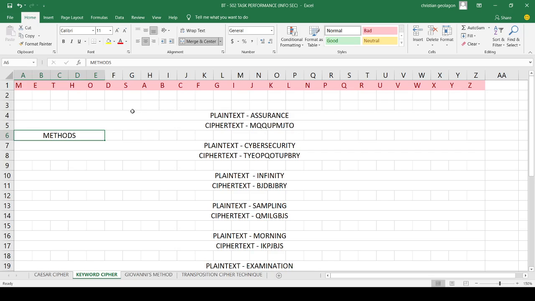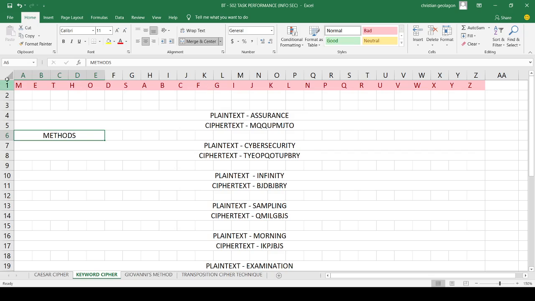We put the keyword here, then type all the letters, but if a letter is already in the keyword, don't put it again, to complete the letters. So match it again, with the plain text above, and the red color is the encrypted.